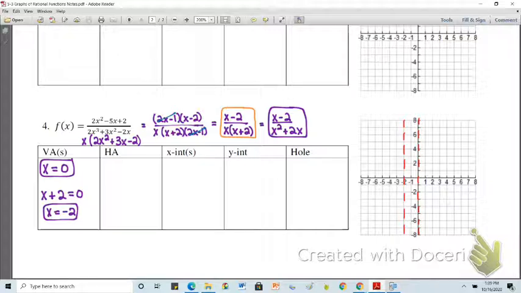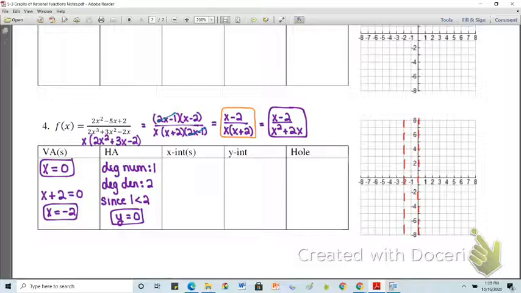Again, for this, I'm going to use my multiplied out one. So the degree of the numerator is 1. The degree of the denominator is 2. Since 1 is less than 2, it's bigger on bottom, so that is y equals 0. So I'm going to put a horizontal line at y equals 0.